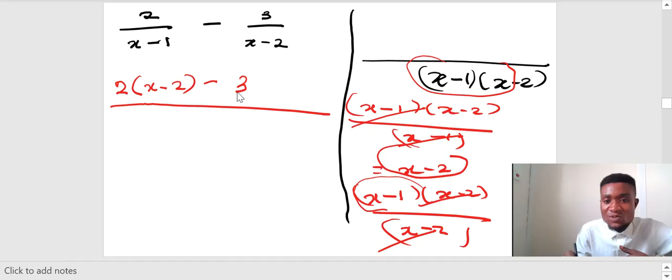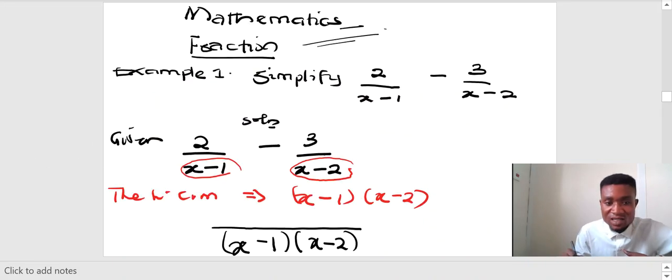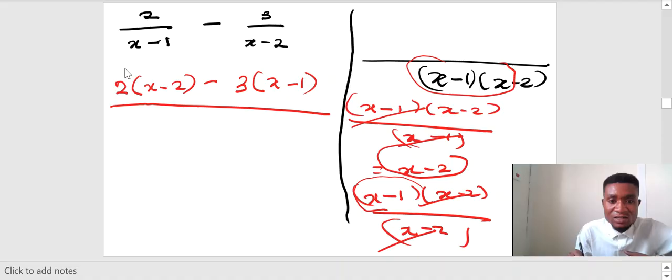We are supposed to be having 3 multiplied by x minus 1. Now return the LCM. Remember, we have our LCM here. So return the LCM, and then you have x minus 1, x minus 2.